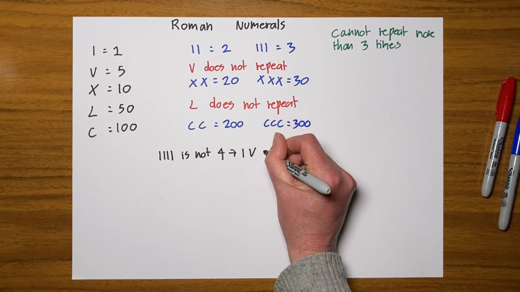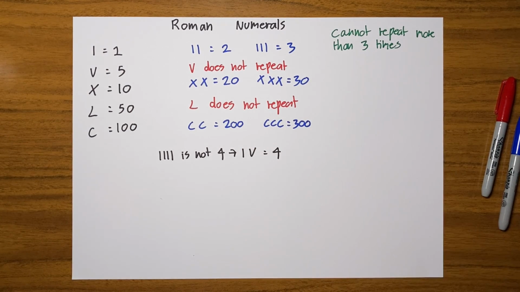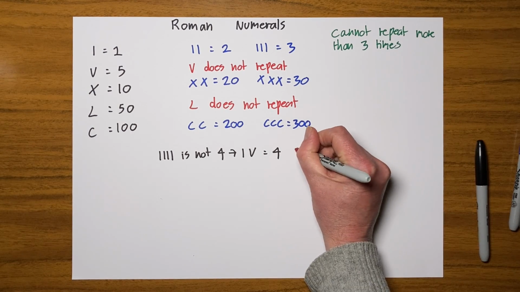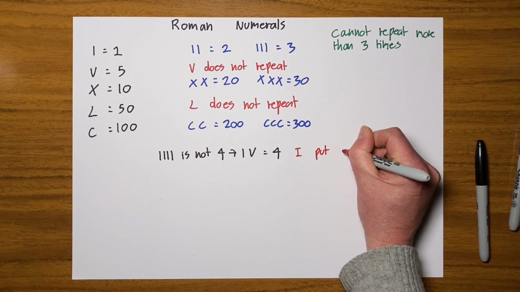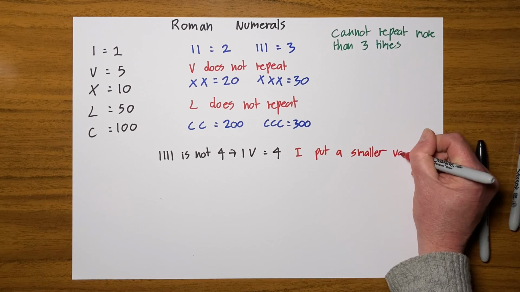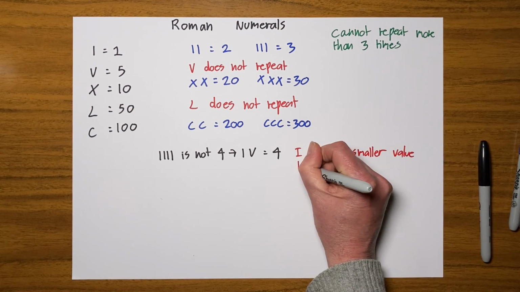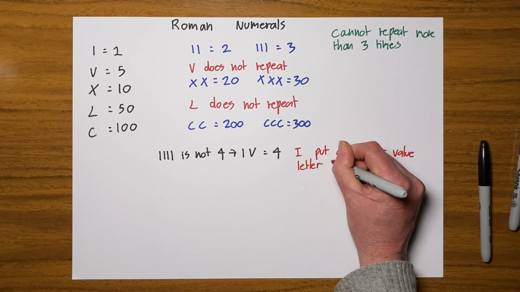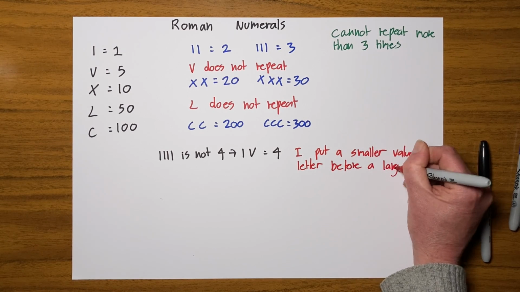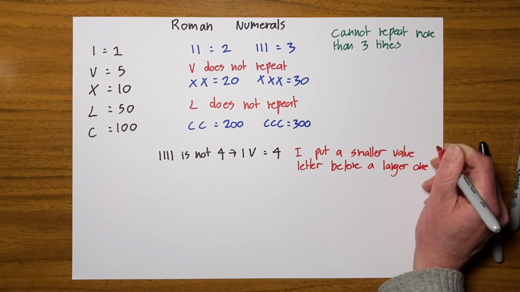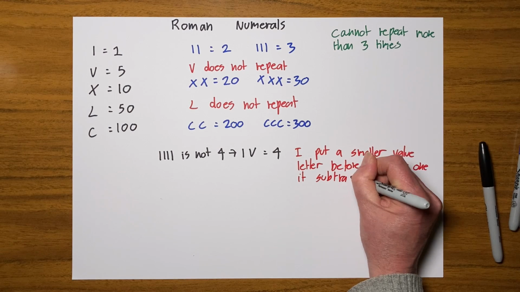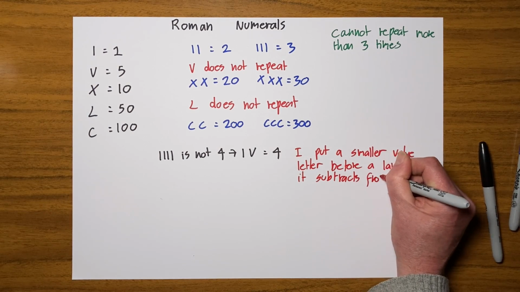So IV equals 4, because if I put a smaller value letter before a larger one, it subtracts from the larger one.